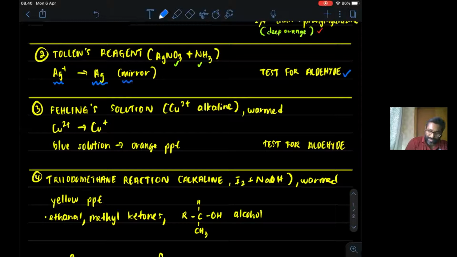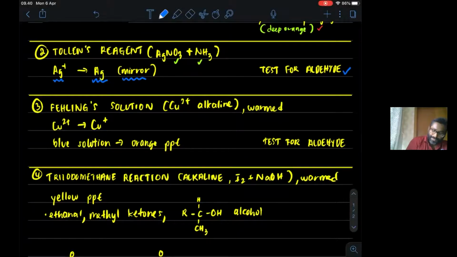So it will give you the mirror-like appearance. This is going to give us a mirror-like observation, and this is used as a test for aldehyde.